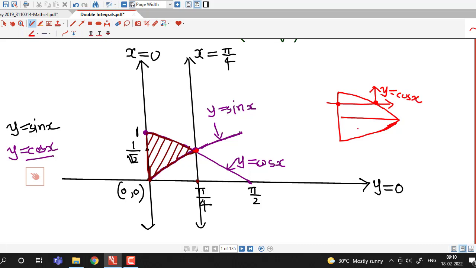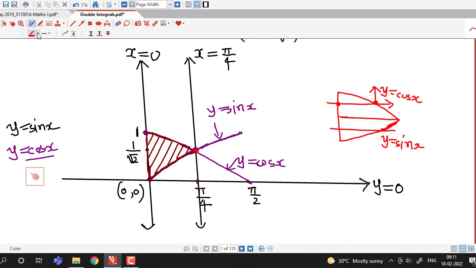And if I consider a horizontal line in this region, then it will leave on y equal to sin x. So if we want to select integration with respect to x first, we have to divide the region of integration into two sub-regions, and then we have to add those two double integrals.